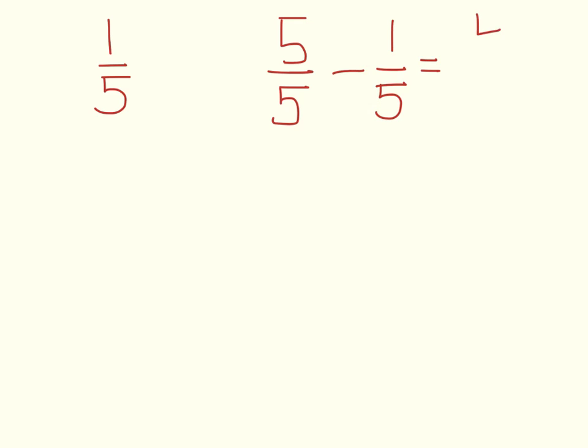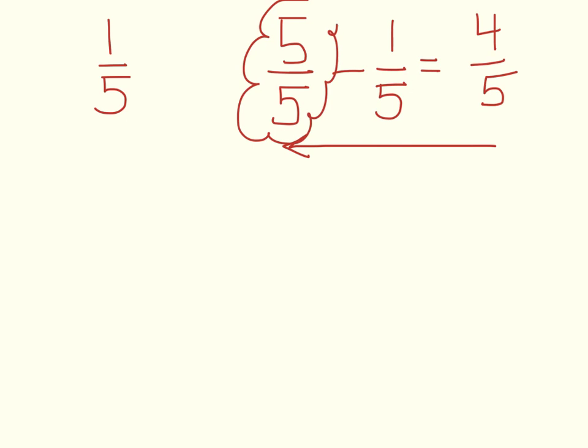Hopefully you wrote 4/5. Now again, you can check it with addition by saying 4/5 plus 1/5 equals 5/5. So it's pretty easy to see that your whole is your fraction as a 1.